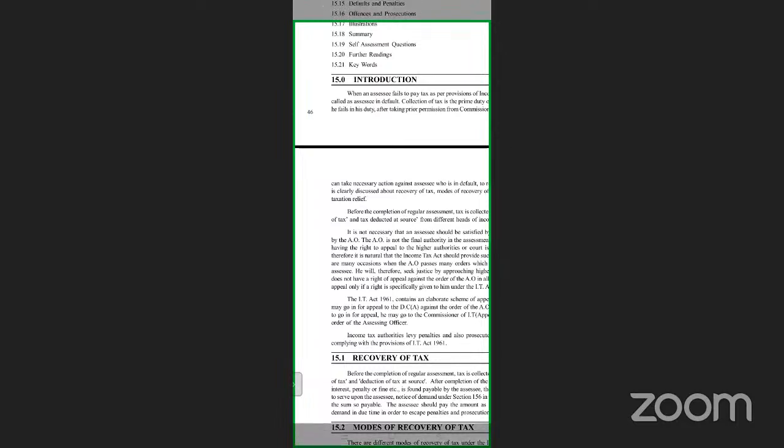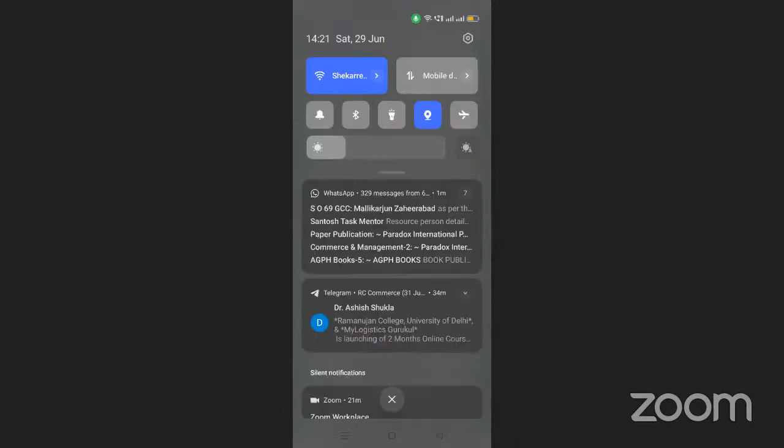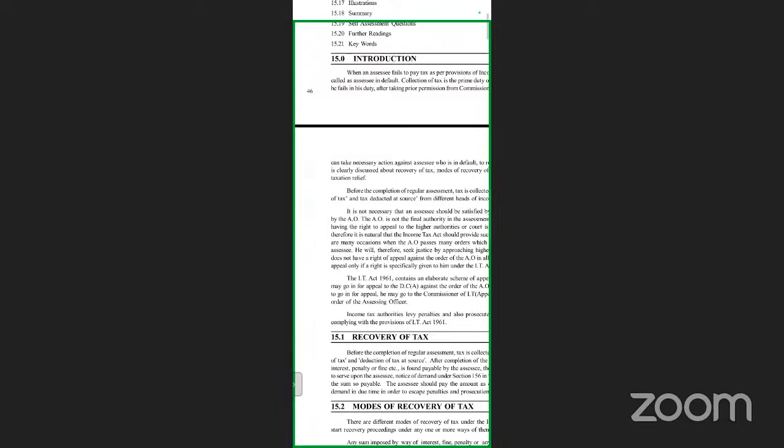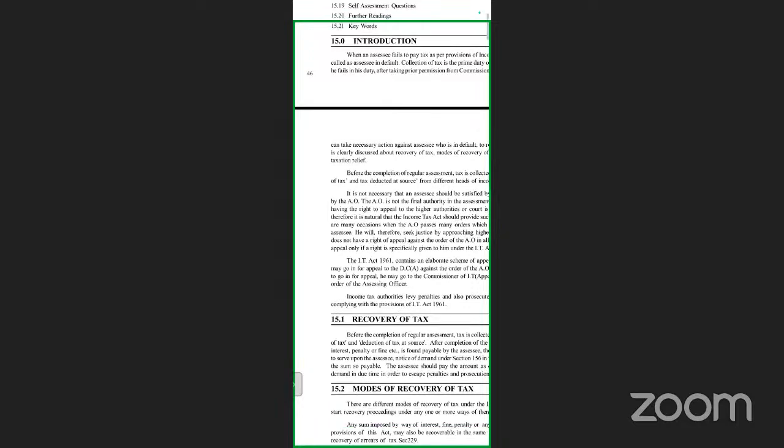Modes of recovery of tax: the AO, that is the assessing officer, may start recovery proceedings in any one or any of these ways, like attachment or sale of movable or immovable properties, or by issuing arrest orders of the SSC.